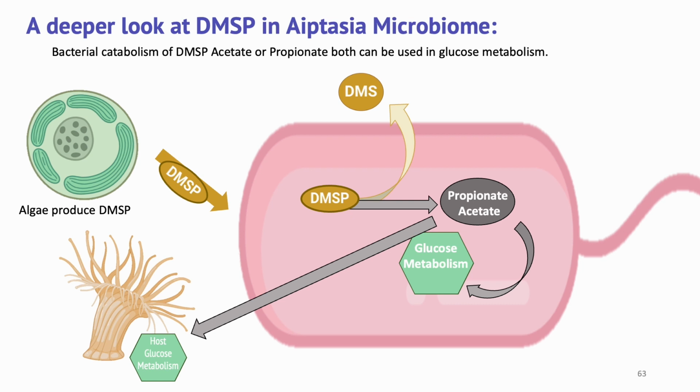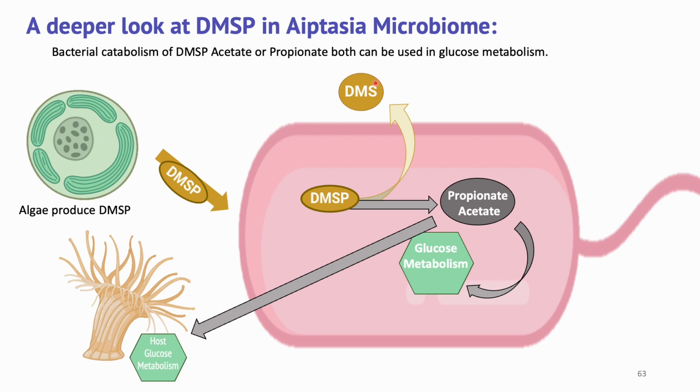This is a deeper look at DMSP in the aiptasia microbiome. So the algae can make DMSP, and this DMSP will be converted into DMS and propanoic acetate, which the microbe can use itself in glucose metabolism, or it can provide a source of simple sugar that can be taken into the TCA cycle as part of glucose metabolism by the host.